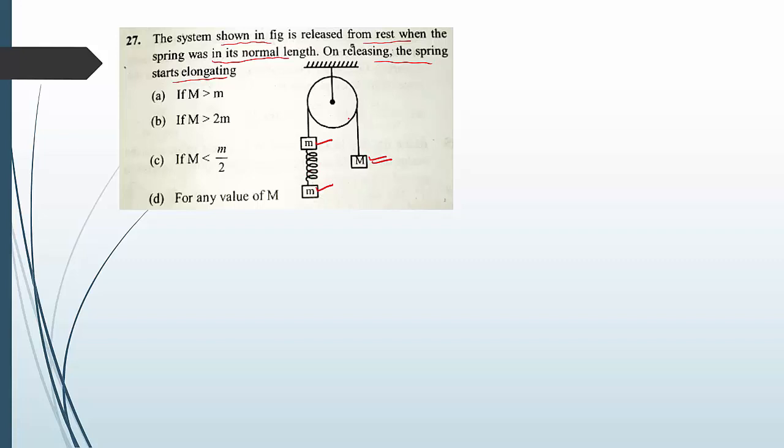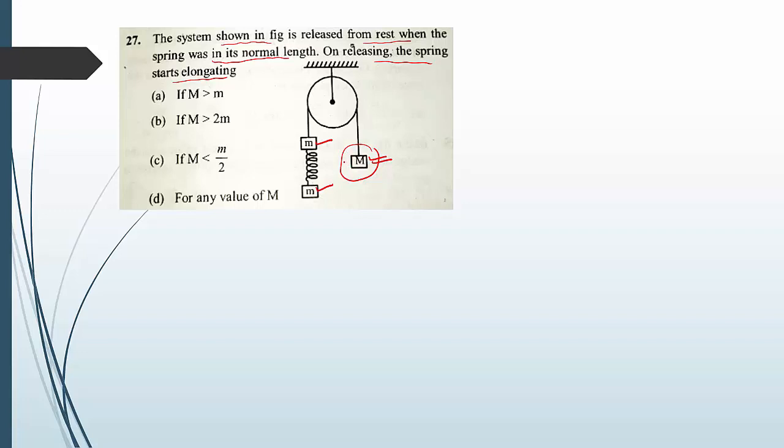So already they had given the statement. The system shown here in this figure is released from the rest when the spring was in its normal length. On releasing, what happens? The spring starts elongating. When we just release it, there is no acceleration of these two, right? But on this side, whatever may be its value, it starts to move down.